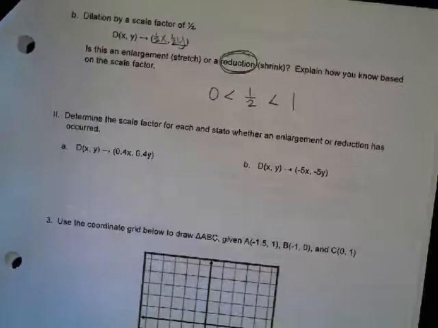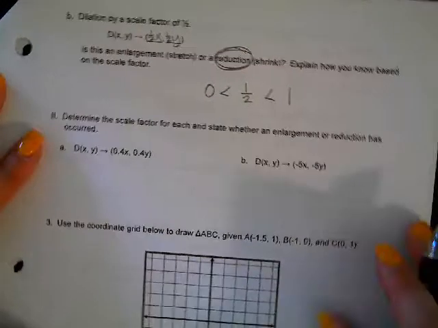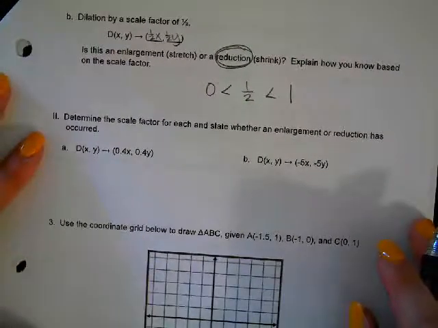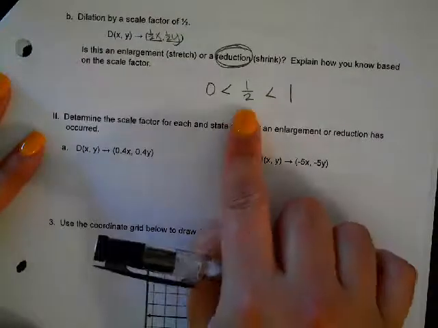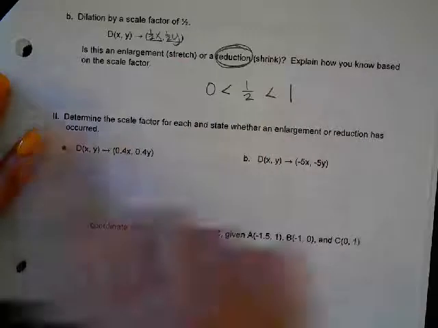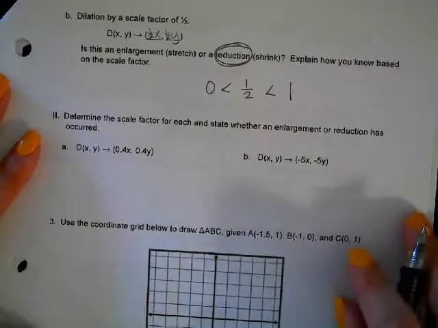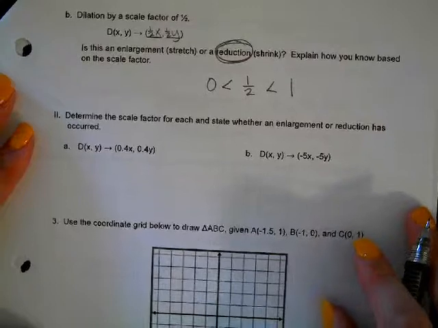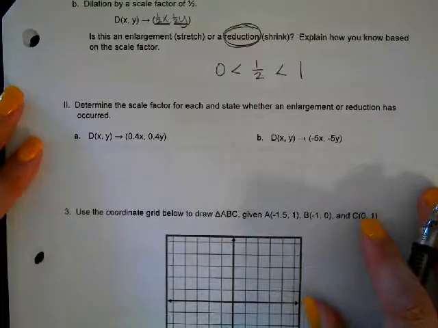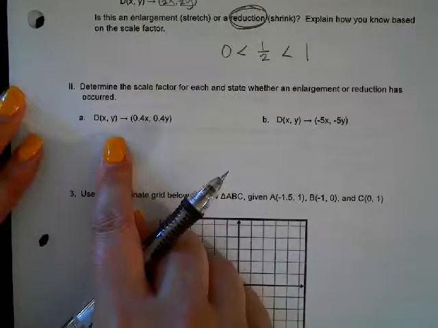Okay. If you are uncomfortable with this notation, you can write the words out. It's a fraction that's smaller than 1. You can write those words if that's more comfortable to you. Okay. For this one, enlargement or reduction, point 4? Reduction, okay.